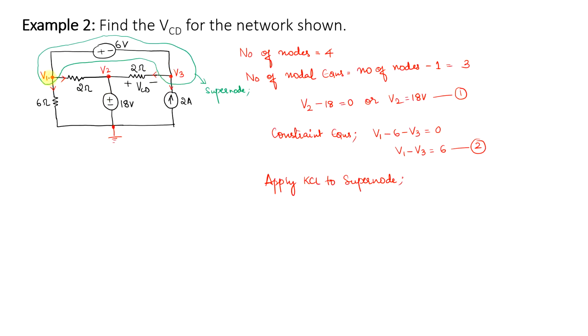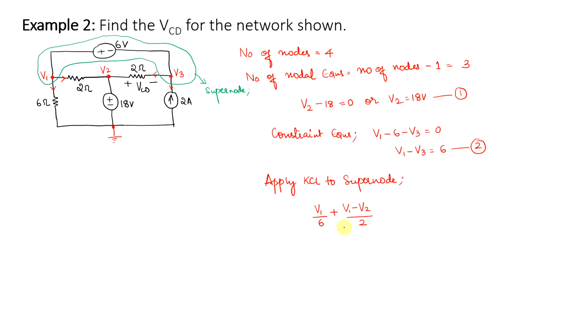How do I write the equation for V1? The 6 ohms resistance is connected between an active node and ground, so this becomes V1 divided by 6, plus the second branch. I need to consider the current leaving, so this is V1 minus V2 divided by 2.